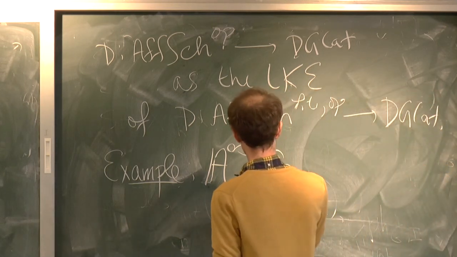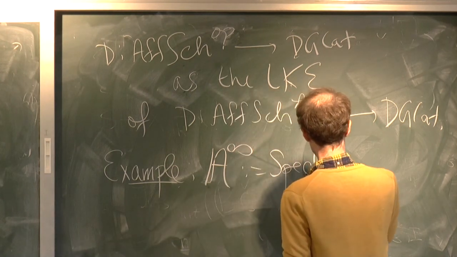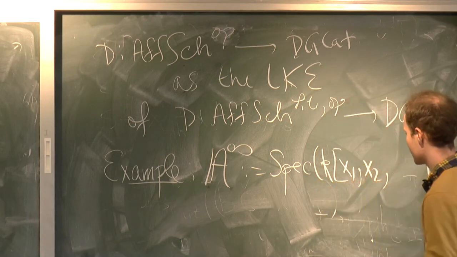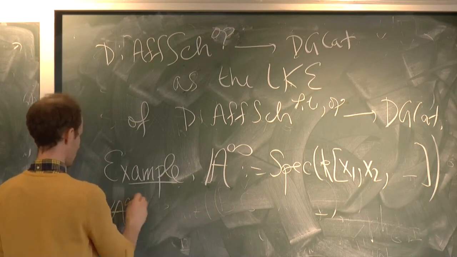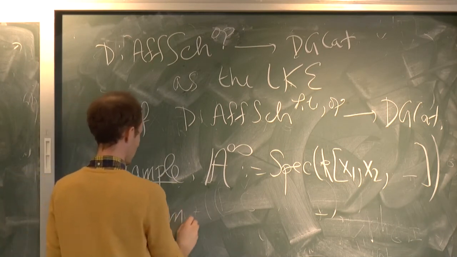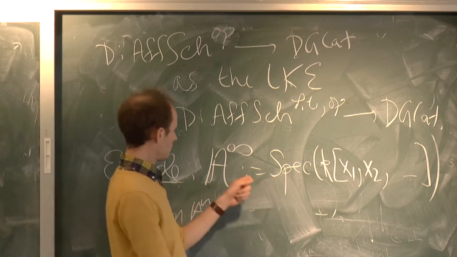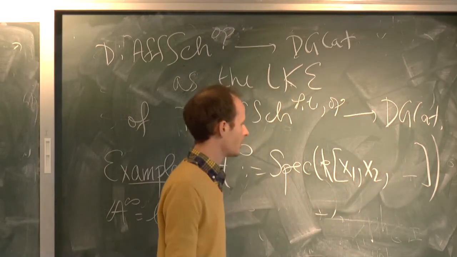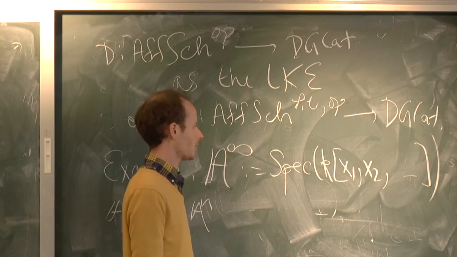So this is, by definition, the spectrum of an infinite polynomial algebra. I can write this as the projective limit of the A^n, which is just a way of saying that this infinite dimensional polynomial algebra is the union of the polynomial algebras on the first n generators over all n.